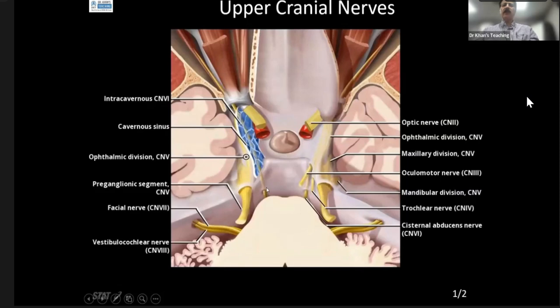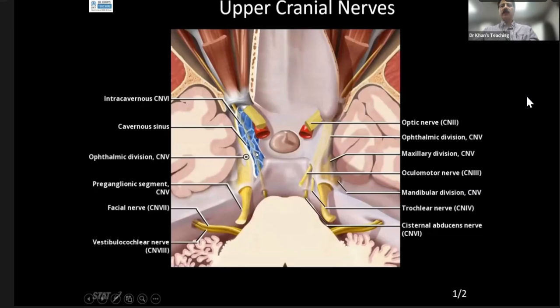You can see the anatomy here, that this is the region. It can affect this nerve, the 6th nerve. The 6th nerve passes into the cavernous sinus, and then it supplies the lateral extraocular muscle, the lateral rectus. So the patient will present with palsy of this lateral rectus.